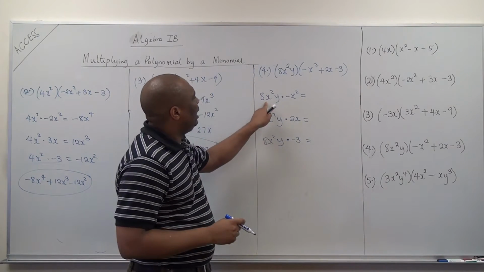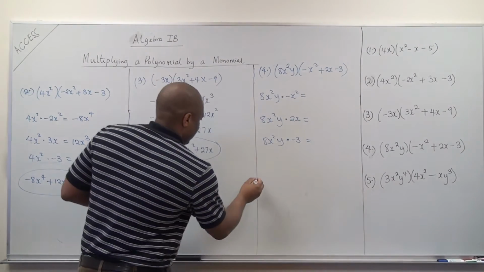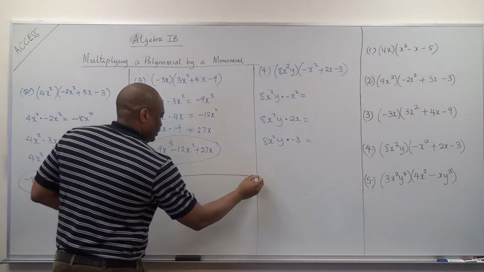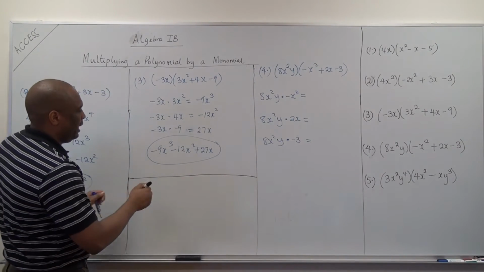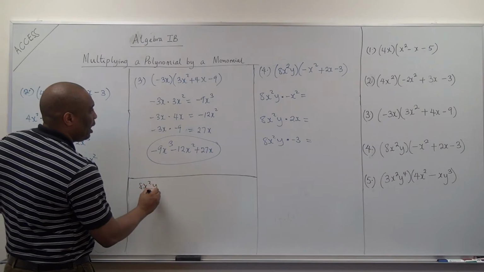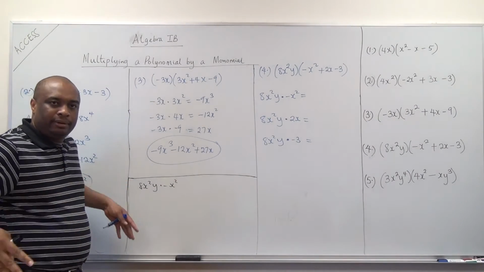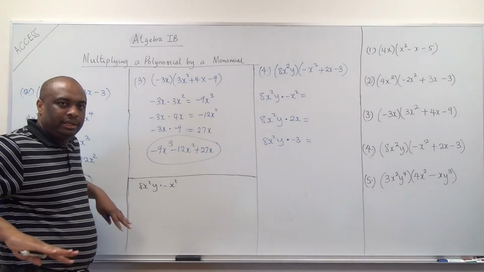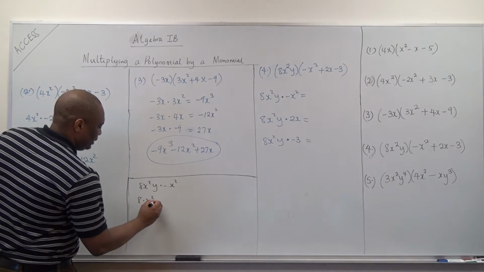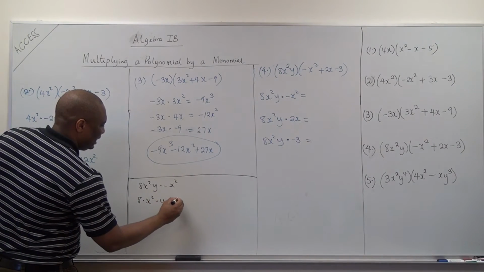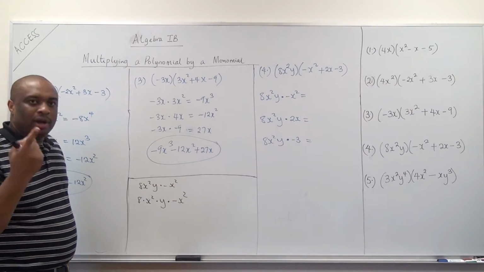Now if I use this space to demonstrate, if we find 8x squared y times negative x squared, let's split it out. This means 8 times x squared times y times negative x squared. Negative x squared means negative 1 times x squared.